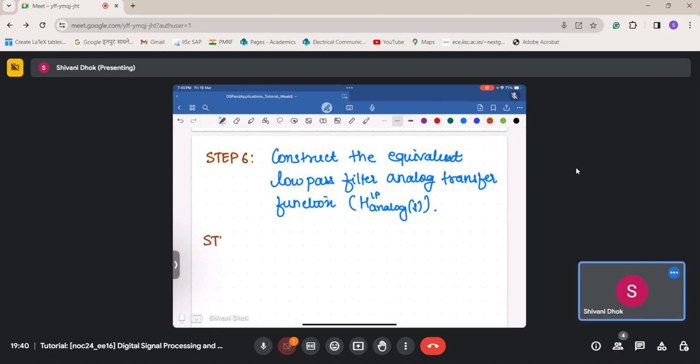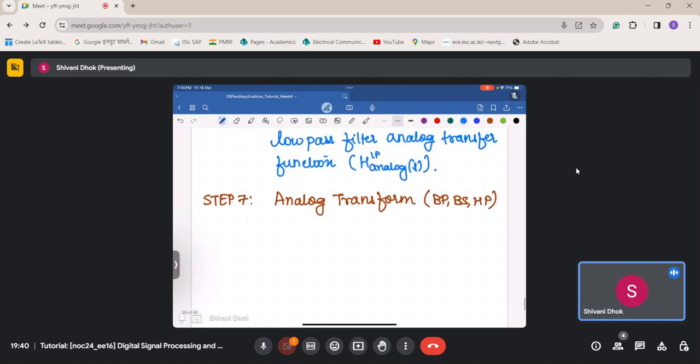Then you have step 7. In step 7, you will do the analog transformation. Again, this is for band pass, band stop, and high pass filters, and you need to ignore this step for a low pass filter.